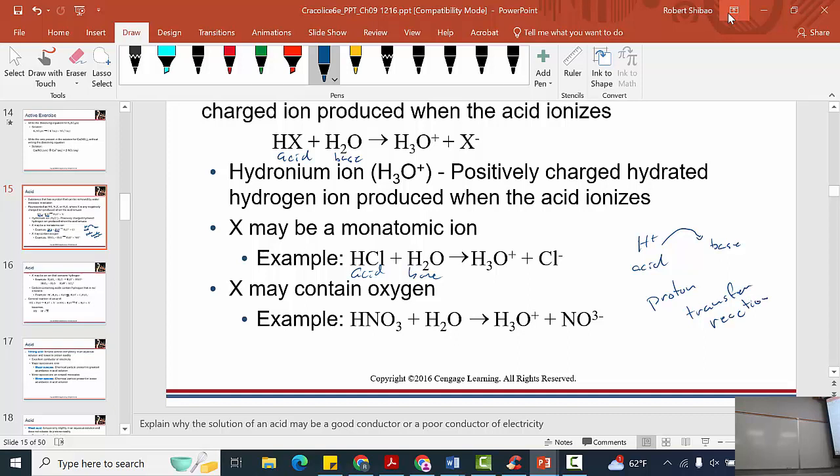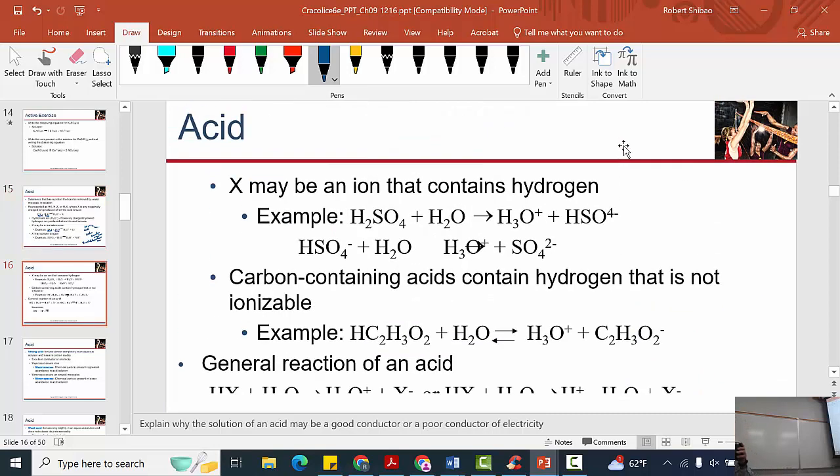This is what we label as a Bronsted acid-base reaction. Water is not the only base. We have lots of bases that we can use for these acids.